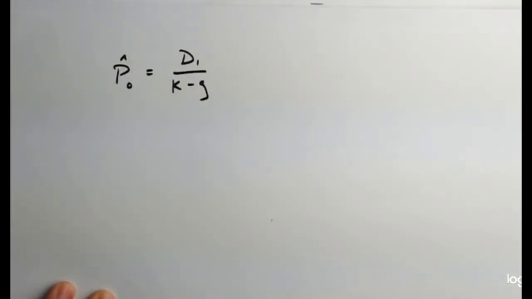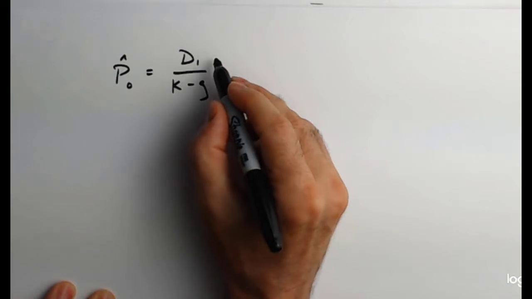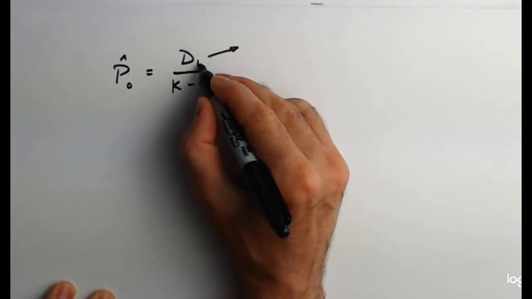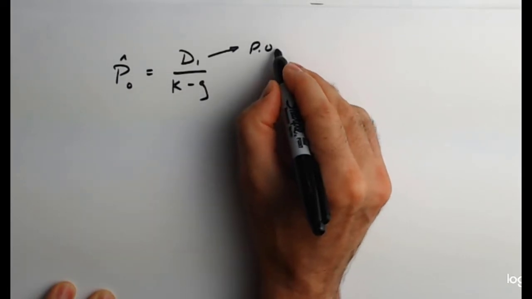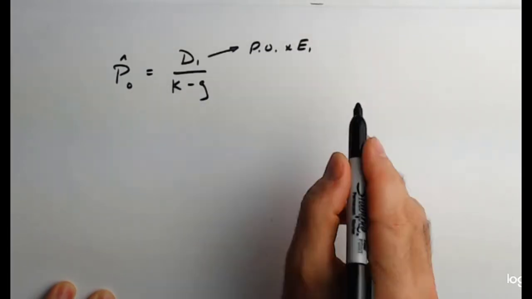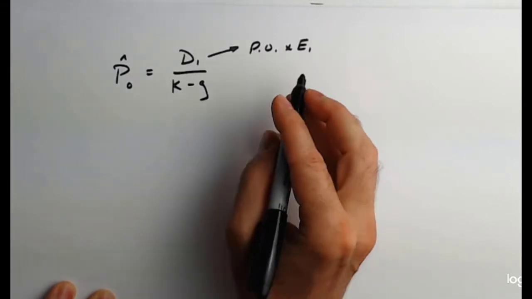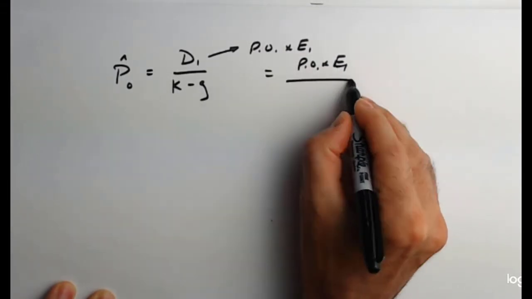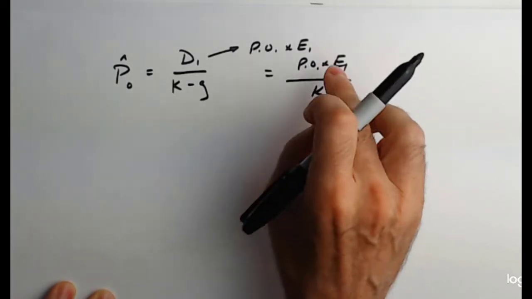And so what we can do is translate this into, your dividends next year are equal to your payout ratio times your earnings next year. So just substitute that in. And then divide both sides by E1.